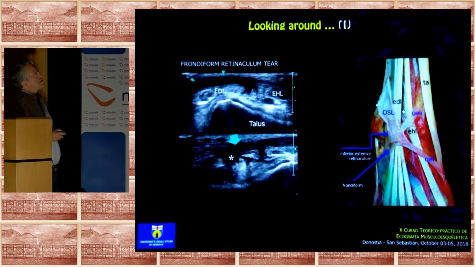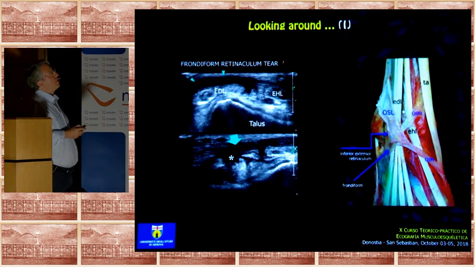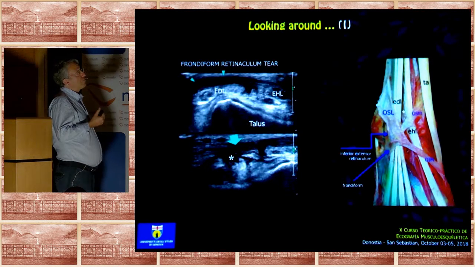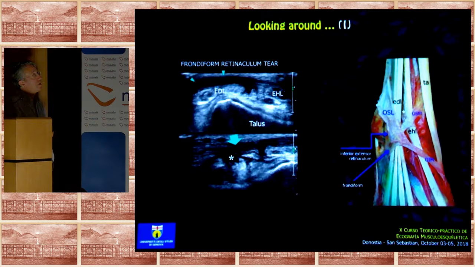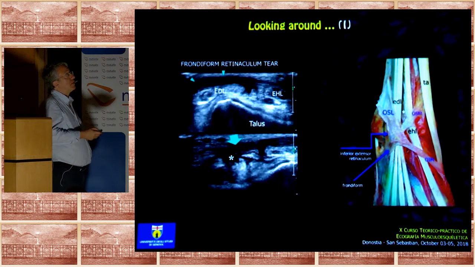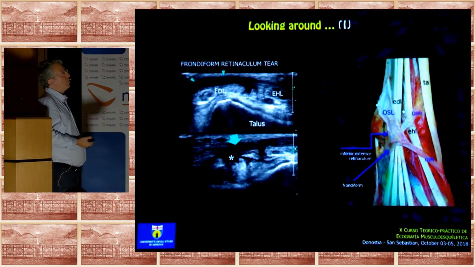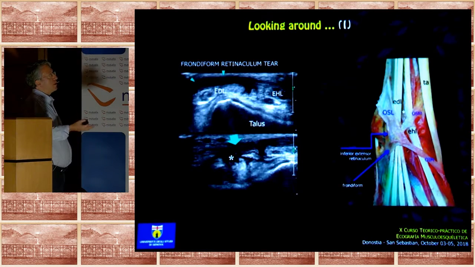This is a nice example of a tear of the extensor retinaculum, of the oblique inferior band of the retinaculum passing over the tendons of the extensor digitorum longus. The patient had a very unstable ankle with rupture of the anterior talofibular ligament and the calcaneofibular ligament, and after numerous sprains, in the last one there was a disruption of the retinaculum.